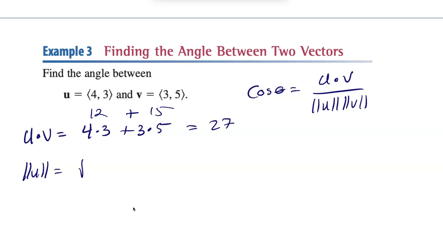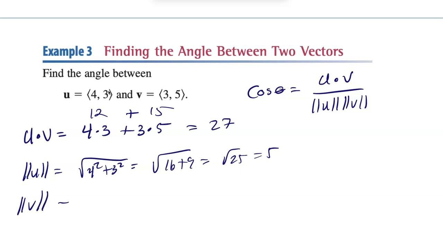The formula is you do the first term squared plus the second term squared. So 4 squared plus 3 squared, so the square root of 16 plus 9, square root of 25, which is 5. Magnitude of v, same formula, just with v. So 3 squared plus 5 squared, 9 plus 25, square root of 34.